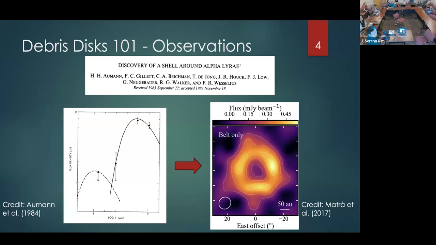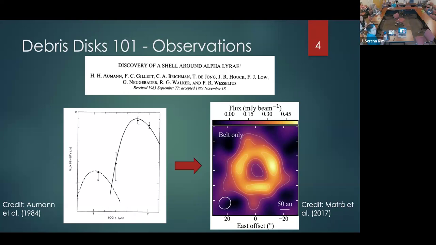Now, observationally, the first debris disk was actually detected in the 80s with the IRAS satellite. The way we first found these was from noticing excesses of infrared emission around stars. This is from Aumann et al. 1984, and this is showing this really intense infrared excess around Vega, which is a really bright high mass star.